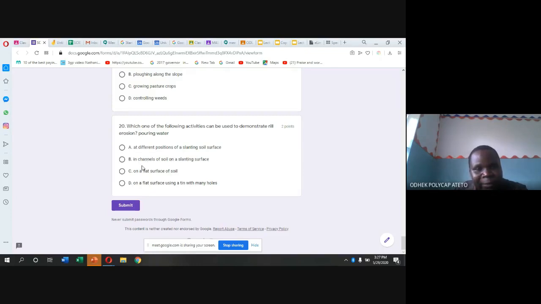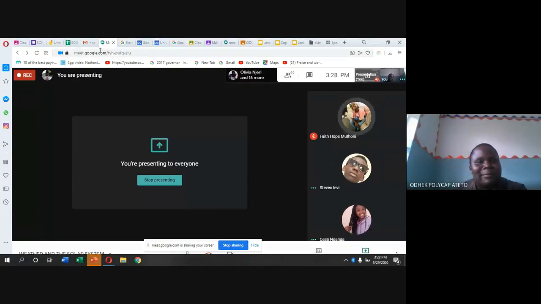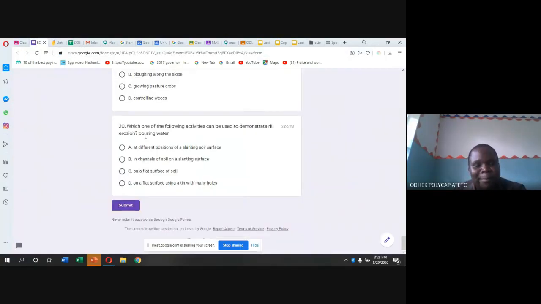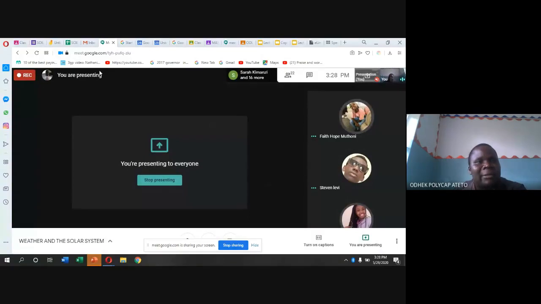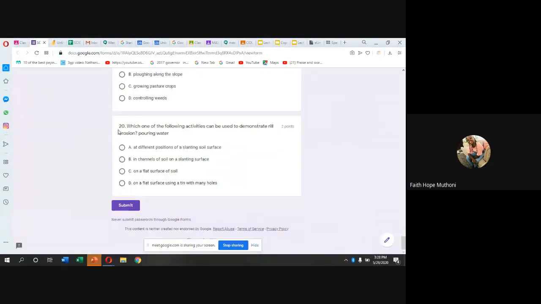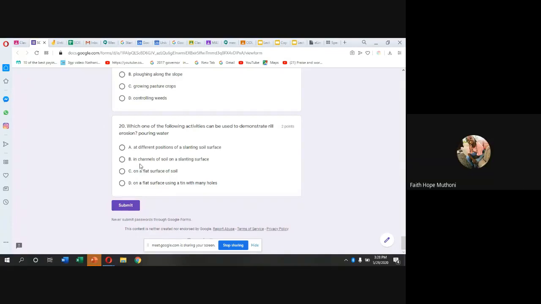Which soil erosion will be demonstrated by choice B? Gully. Reason? Because let's say it's rill erosion, then you pour water, it will continue to become big until it becomes gully.